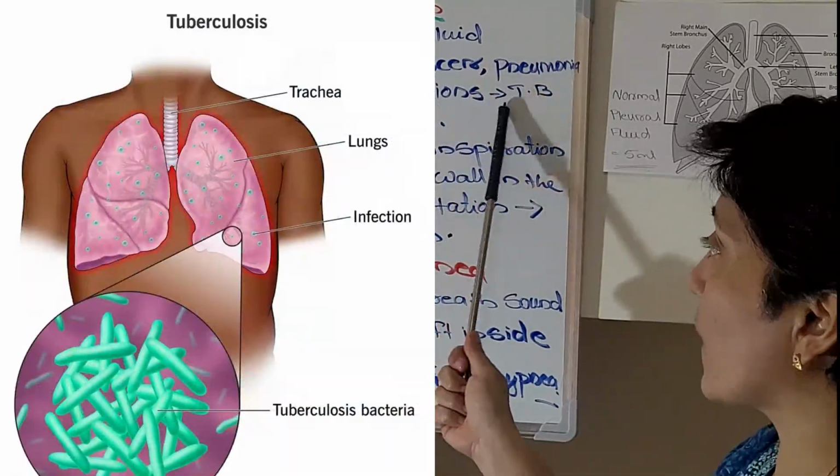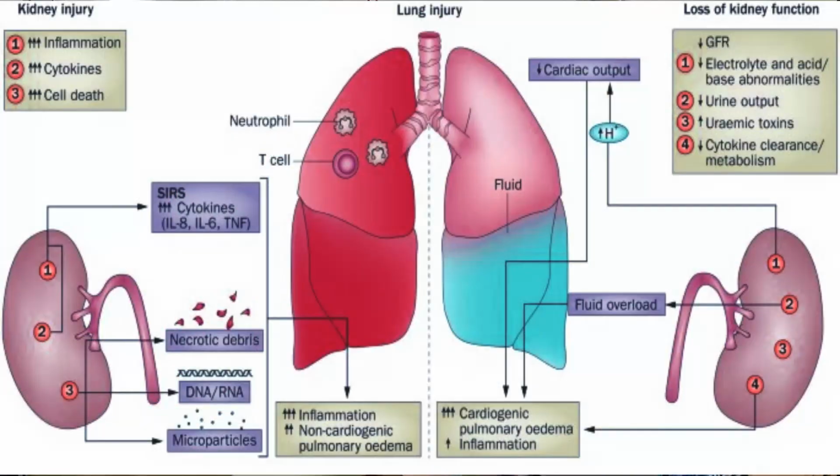Then infections like TB, and liver and kidney diseases also cause pleural effusion, because of these diseases water and electrolytes are not getting drained out, or not purified, or that balance is not happening in the body.